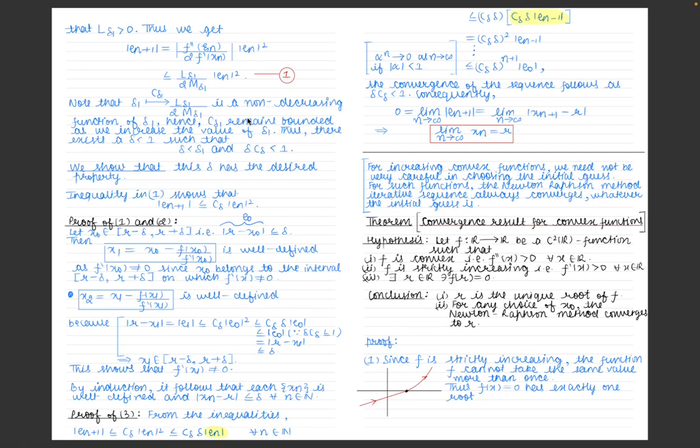Hypothesis: let f from R to R be a C2 function. So already we have seen a convergence result for a C2 function, such that f is convex. Now what does it mean? By convexity, for a C2 function, it means the second derivative is always positive.